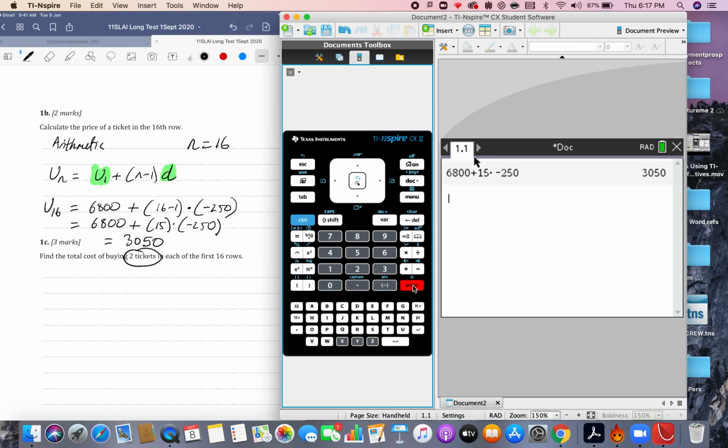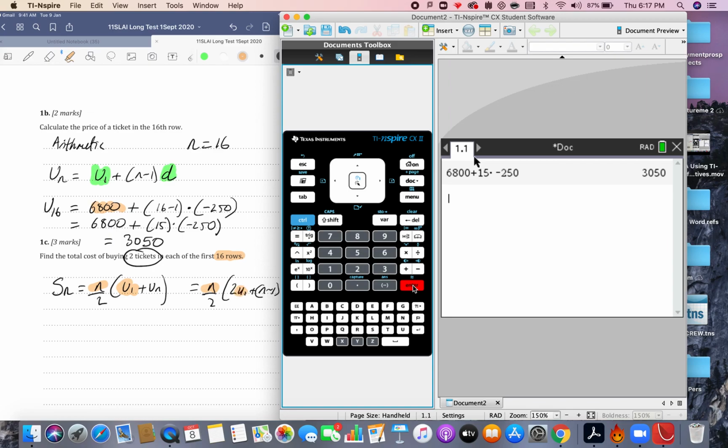Okay, find the total cost of buying 2 tickets. Now this is a bit weird because we've got a formula. S of n equals n over 2, U1 plus UN, or n over 2, 2u1 plus n minus 1 into d. If we think about the values we've got, this is about 16 rows, so n is 16. We know u1, that's the 6,800 already given.